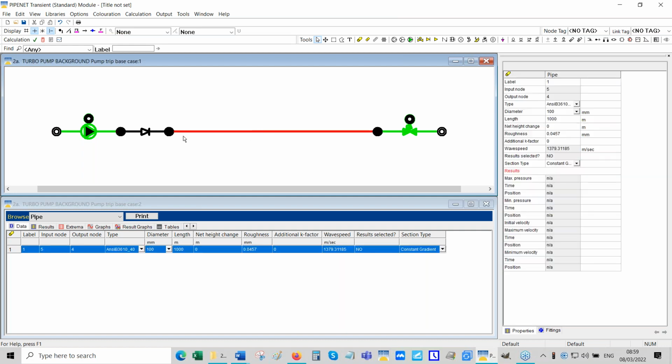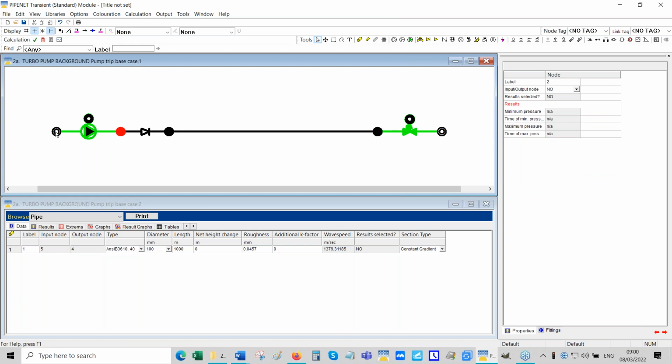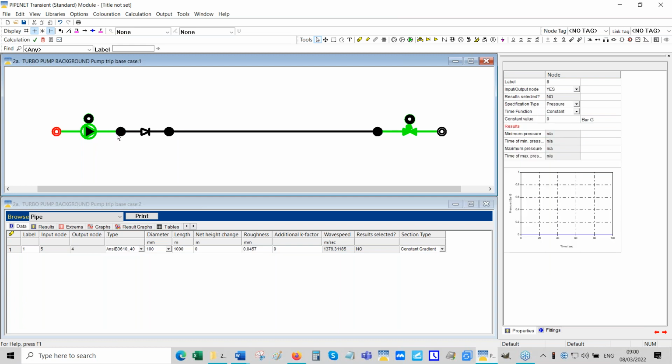Because the fluid in this pipe is moving, and hence the pump is acting like a valve. You could say the pump is like a partially closed valve, and hence the pressure here could fall below the pressure there.